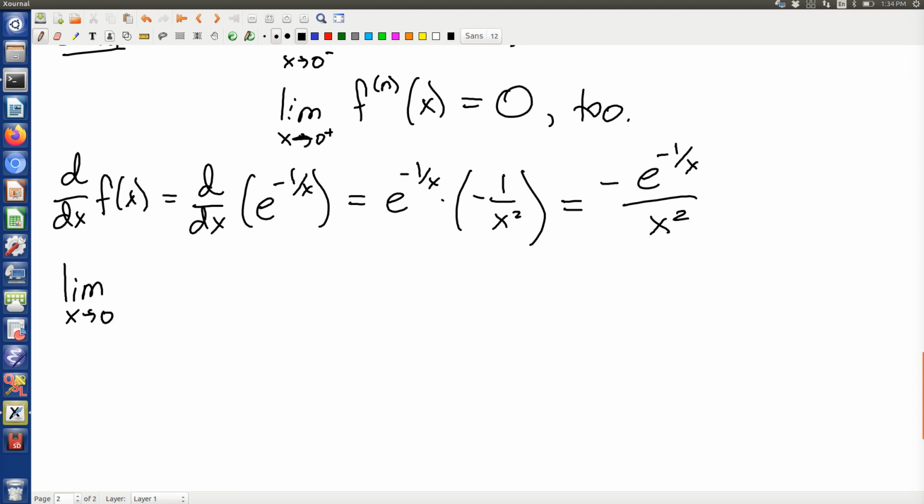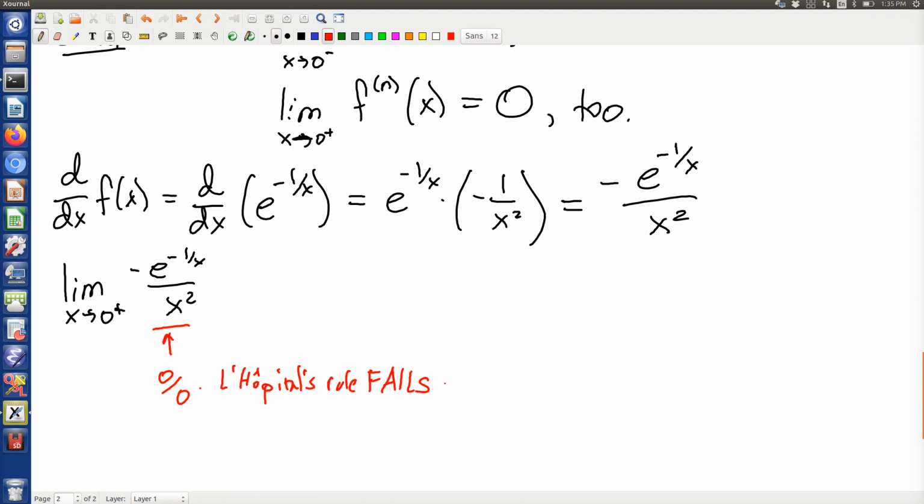I want to take x going to 0 from above of this fraction, and immediately run into problems because it's 0 over 0. This is an indeterminate form. And unfortunately, L'Hopital's rule would be the sort of thing you'd want to do, but L'Hopital's rule fails.